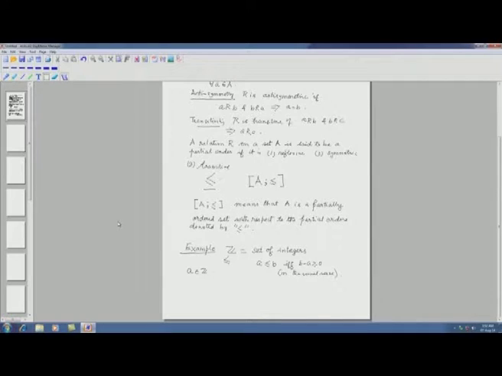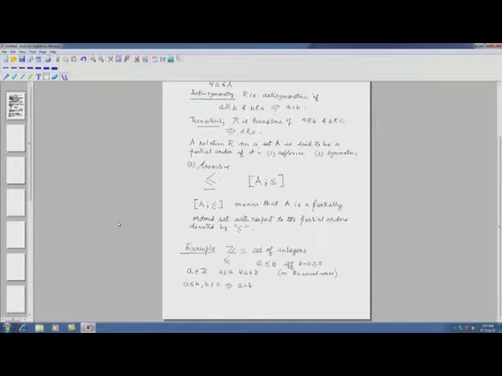Now, we can quickly check that this is indeed a partial order, because if we take any element A inside the set of integers, we do not have to explain much to tell that A is less than or equal to A for all A belonging to Z. And then if we take 2 integers a and b such that a is less than or equal to b and b is less than or equal to a, then together they imply a equal to b.